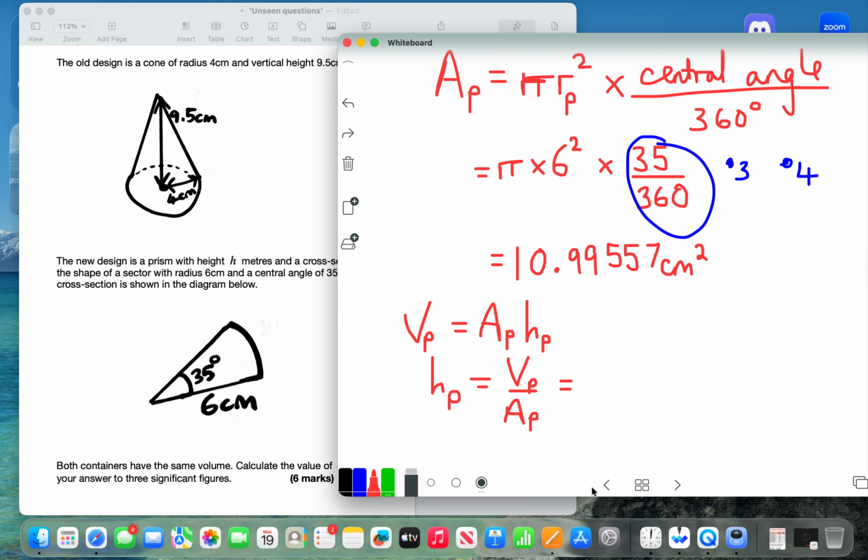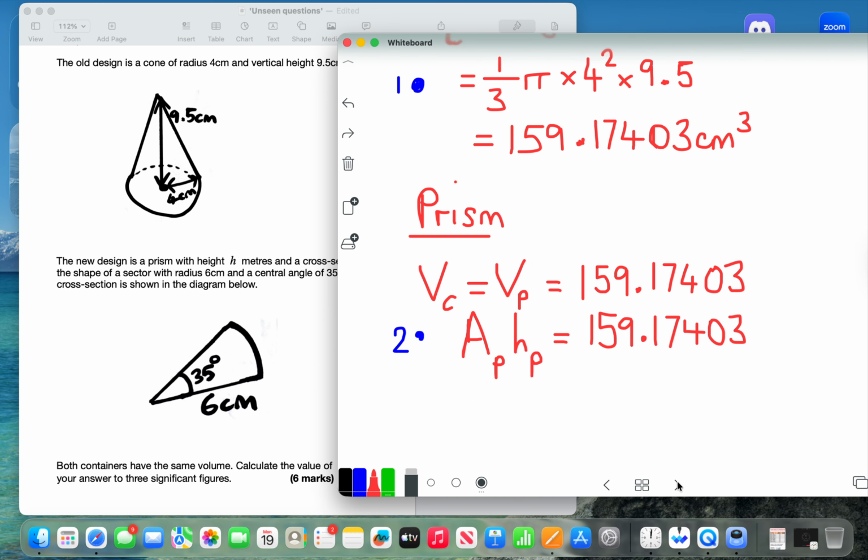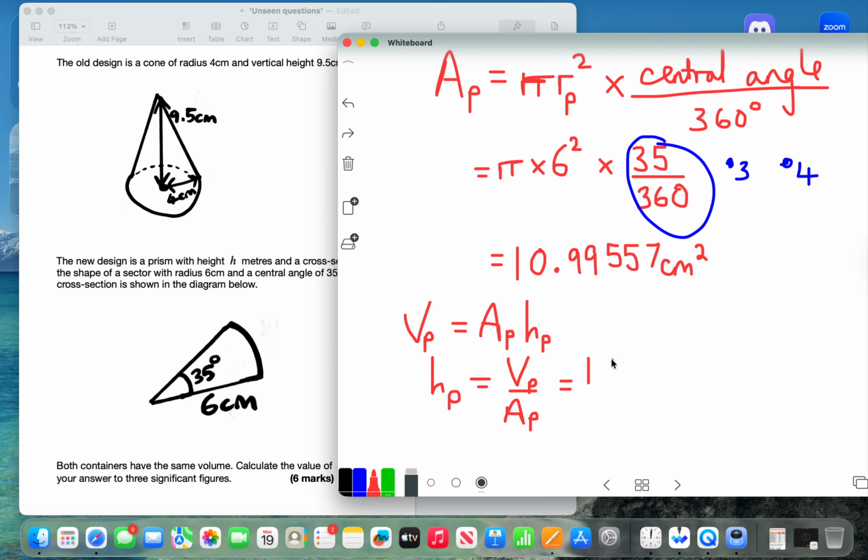We can substitute the volume as 159.17403, all divided by the area of 10.99557.